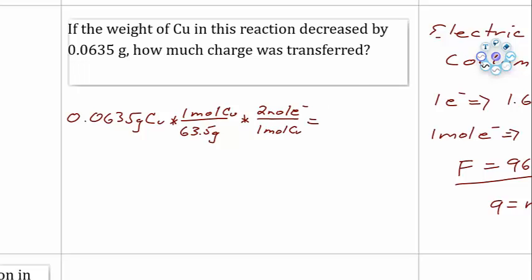So we take a quick look. Our moles of copper cancel out, our grams cancel out, and we are left with moles of electrons, and that number is 0.002 moles. Now we can take that and plug it into our equation for electric charge.